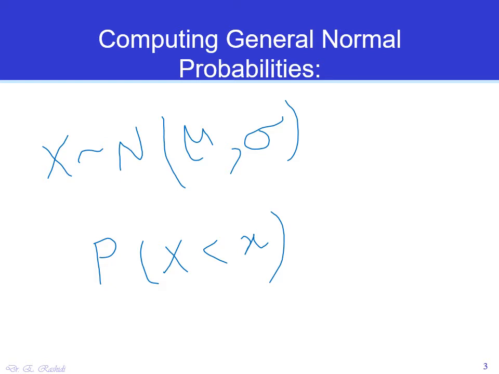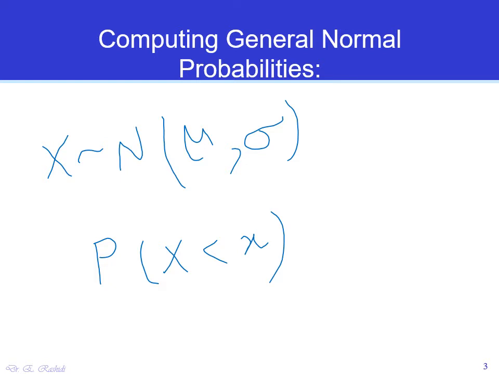solve this problem? One way is to use the probability density function and the integral, because this is a cumulative probability, the probability that X is less than a small x.